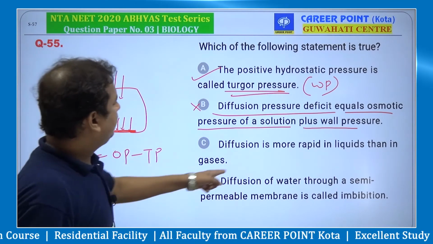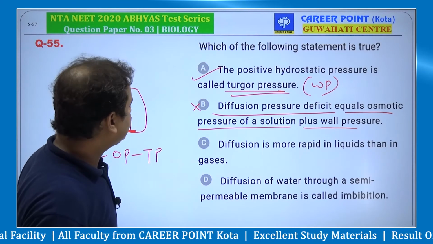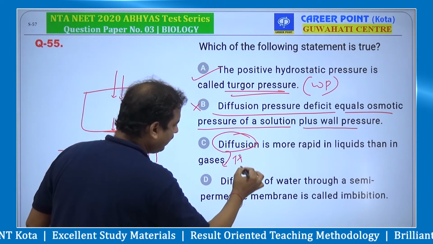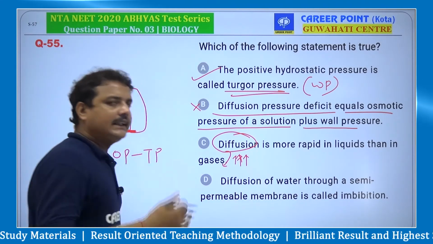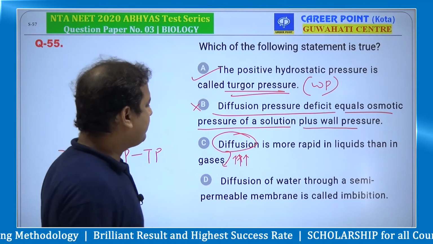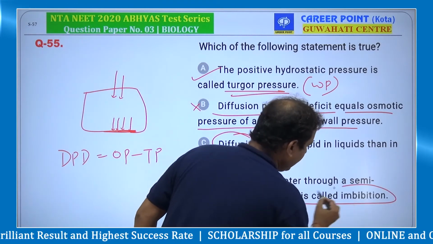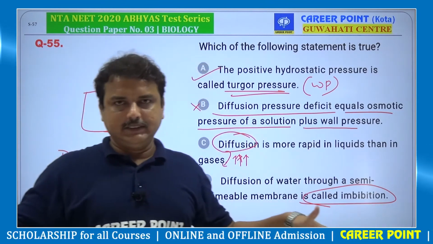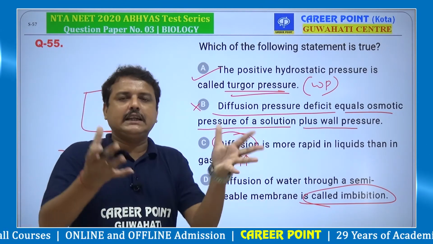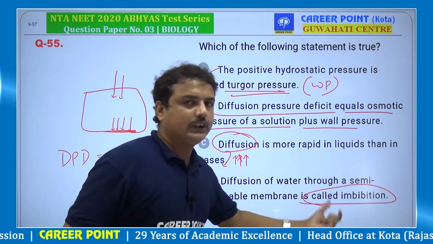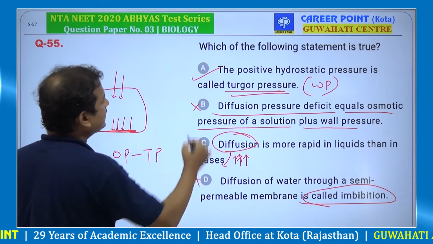Next one, diffusion is more rapid in liquids than in gases. No, diffusion is always more in gas. Diffusion of water through a semi-permeable membrane is called imbibition. No, imbibition means absorption of water from the surface. If the cell surface absorbs water, that is called imbibition. It is not imbibition. So here answer is A.